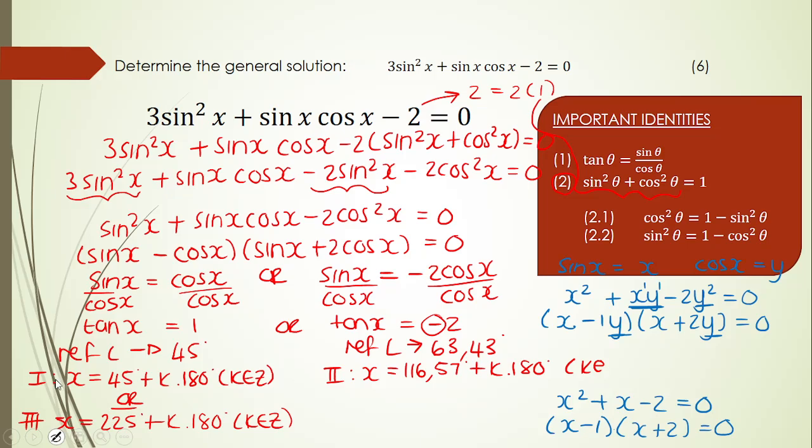Let me fix that. Or we're going to be in quadrant 4, which is going to be 360 minus that angle, which is 296.56.